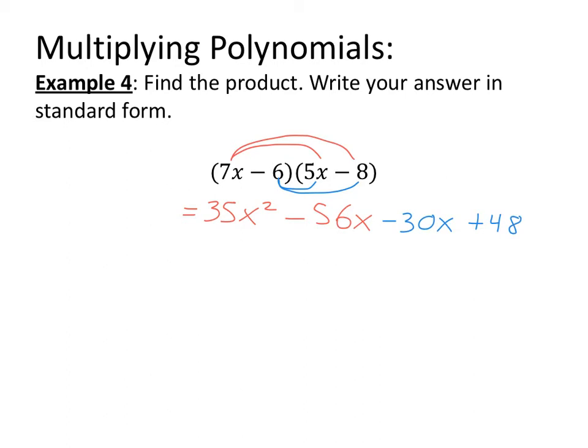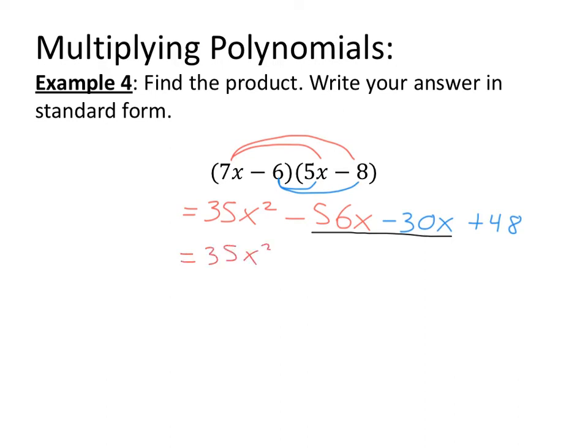And then the last thing I'll just look for again is our like terms. When you're multiplying two binomials together like this, that both just have an x there and an x there, these middle terms here, this negative 56x and this negative 30x, those will always be like terms, and we can just add those together. So this should equal a 35x squared.